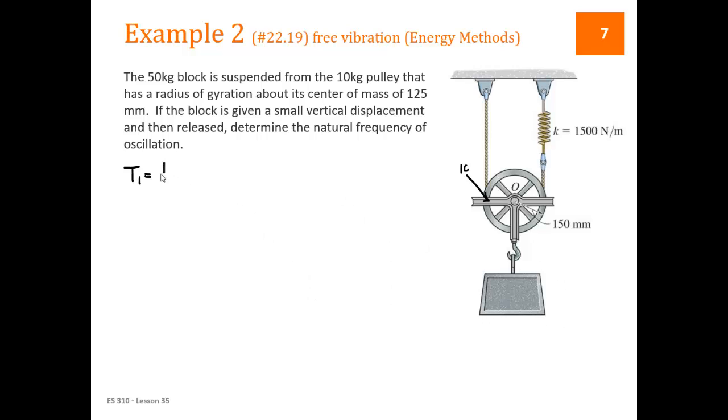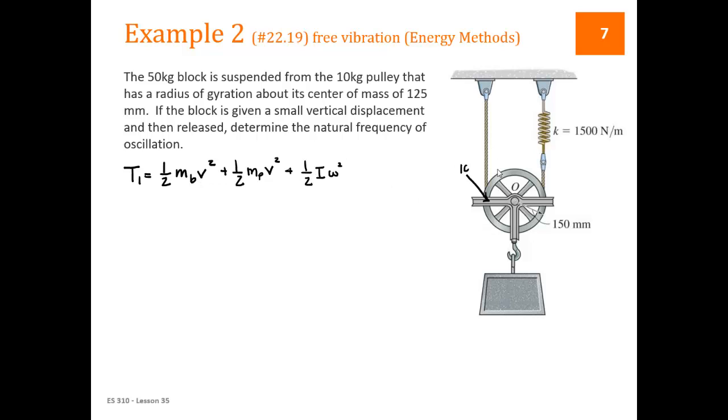So that's going to give us a linear kinetic energy, one half m v squared. We also have the pulley moving up and down. So that's a linear kinetic energy of the mass of the pulley, v squared. And those v's are the same because they're fixed together. Then we have the pulley turning, which gives us a rotational kinetic energy of one half I omega squared. So, how do we relate V to omega?